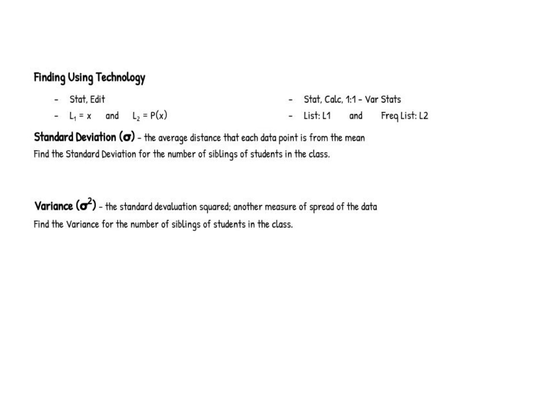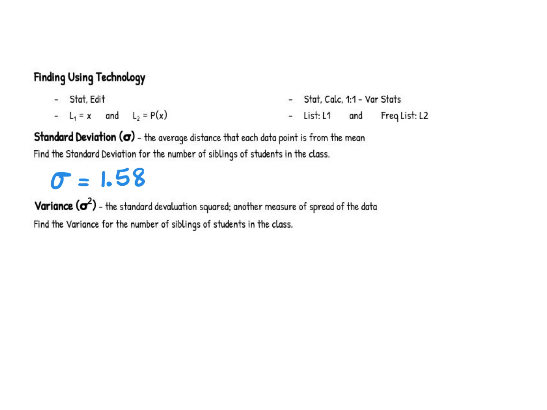So if we run our information from above through, our standard deviation, the average distance that each data point is from the mean, that's our sigma for these. So our sigma says 1.58. This is the standard deviation of the siblings in the class.